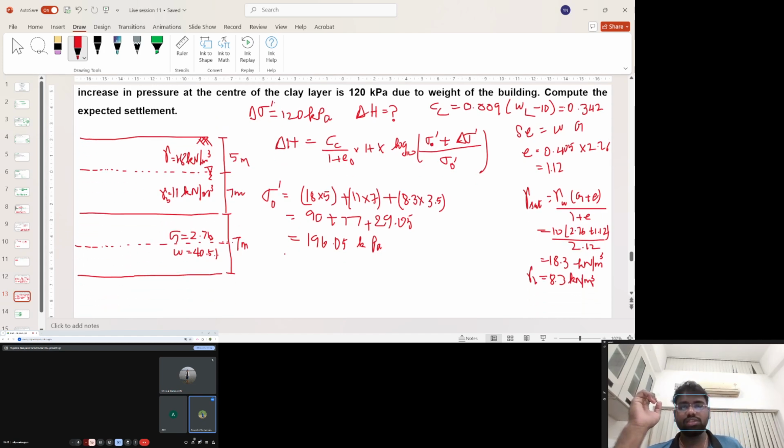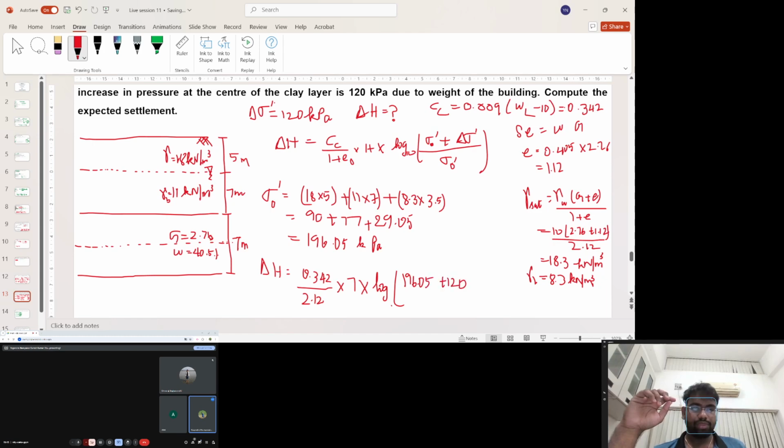Now substitute all the values in the above equation. Delta H is equal to Cc, 0.342 divided by 2.12 into 7 into log of 196.05 plus 120 divided by 196.05.